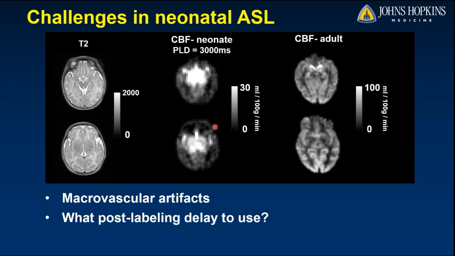This is because the amount of perfusion signal we can get from neonates is bounded by their physiological limits. That is to say, they have extremely low perfusion compared with adults. So how to enhance the SNR in neonatal ASL is another challenge that we need to tackle.